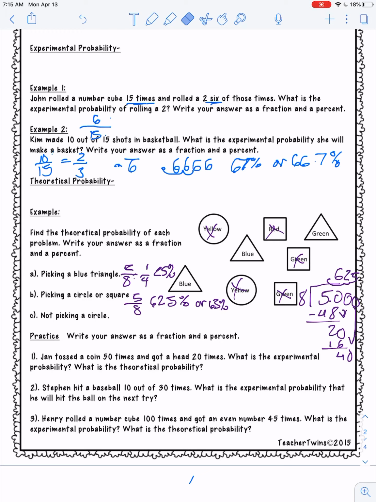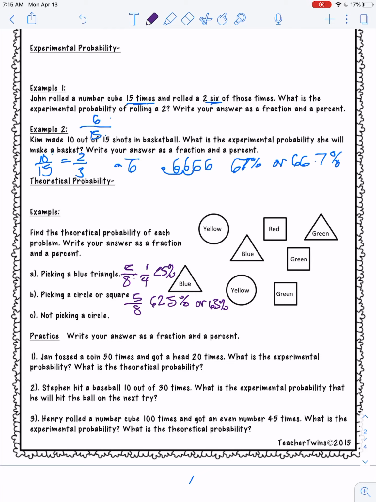And then our last theoretical probability is not picking a circle. So what is the probability of not picking a circle? So that's any shape but a circle.